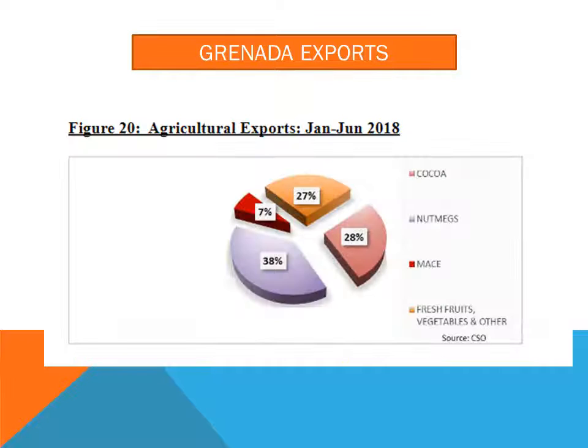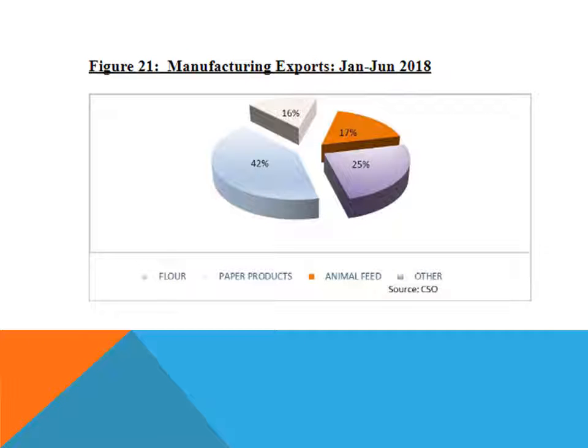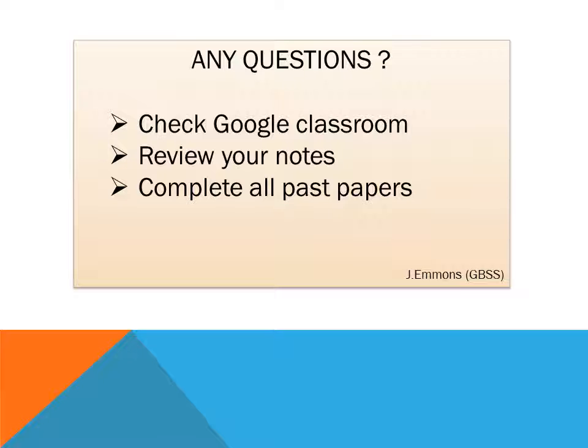So one of our problems is that we import a lot, and this was taken for 2018 exporting. This shows the percentages of goods that we export, agriculture wise, of course. And this is exporting on a manufacturing level. So these are some of our main manufacturing goods.